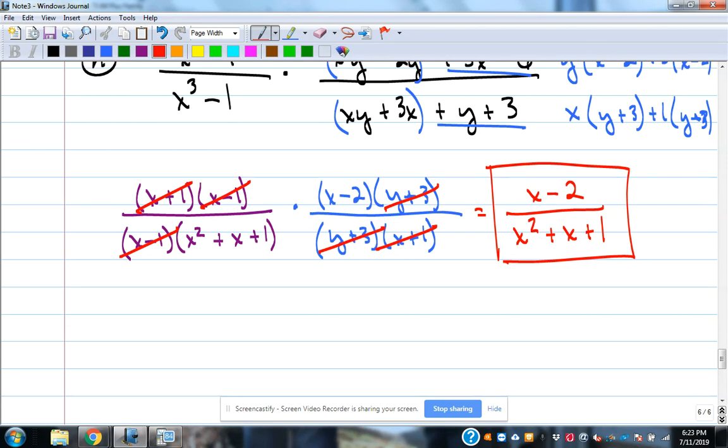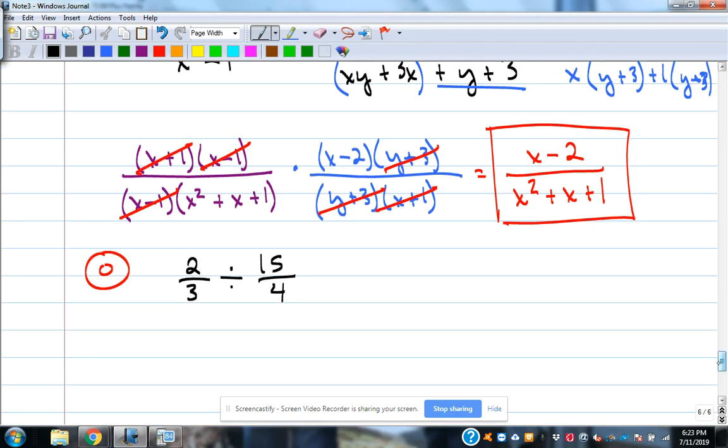Okay, so just one example, because do we remember from elementary school when we did division of fractions? Let's say we had 2/3 divided by 15 over 4. What was the rule for dividing fractions before we did it with a calculator?